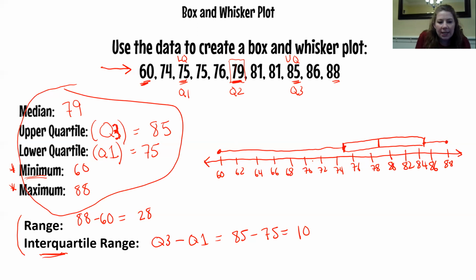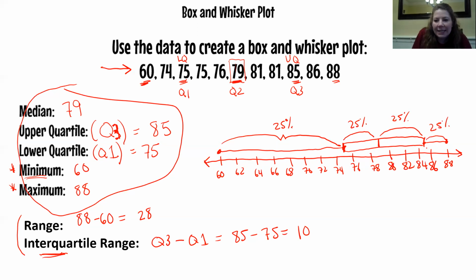A box and whisker plot, like I said, divides your data into quarters. The left whisker represents 25% of your data. From here to here, it represents 25% of your data. From here to here, that's 25% of your data. And your right whisker represents 25% of your data. So you could say the highest 25% of my data goes from 85 to 88.